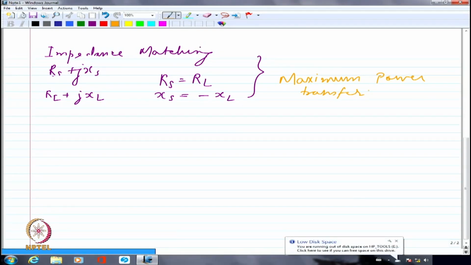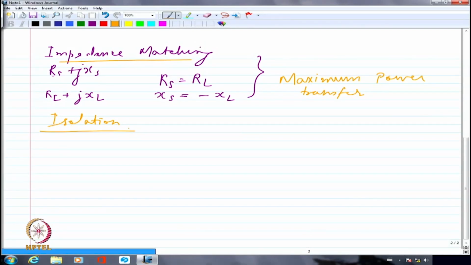Another application I would say is isolation. Isolation is between a high voltage and a low voltage. I might like to have some amount of separation between their grounds. I don't want them to be connected to the same ground.